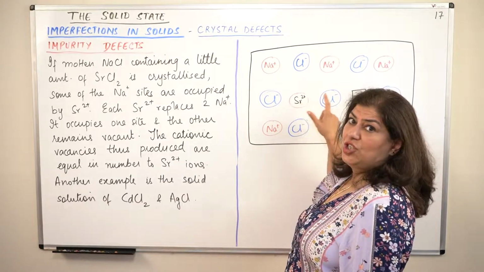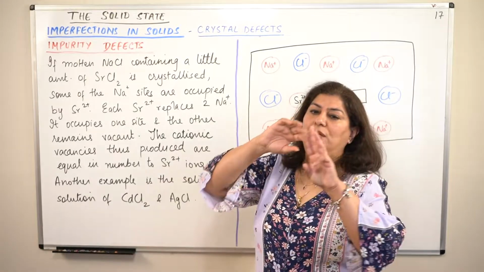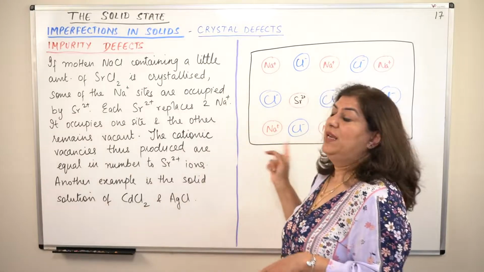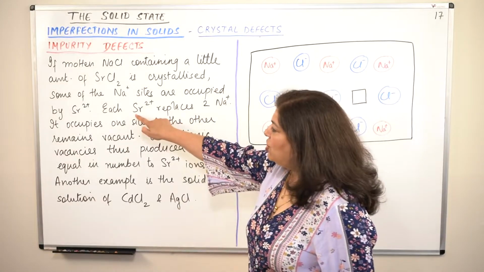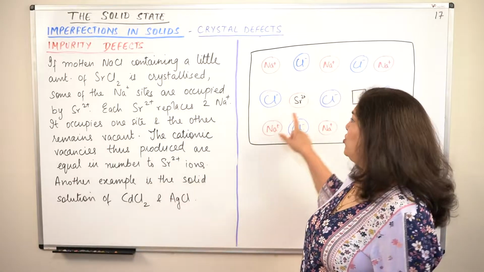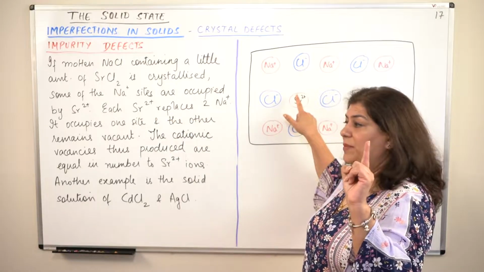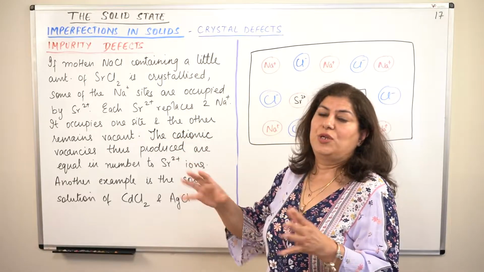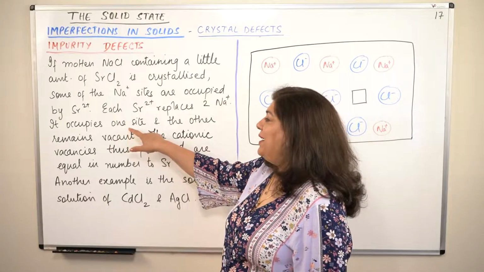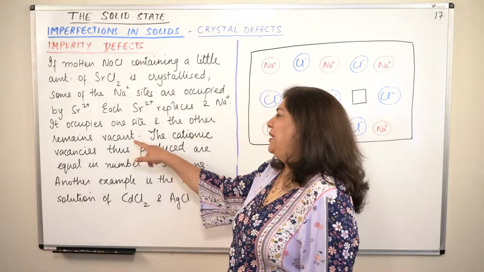For every strontium ion to be present, 2 sodium ions have to be removed. It occupies the site of one of the sodium ions, while the other sodium, which has been kicked out, is left vacant. So it occupies one site and the other remains vacant.